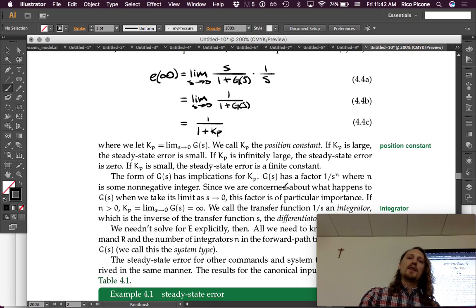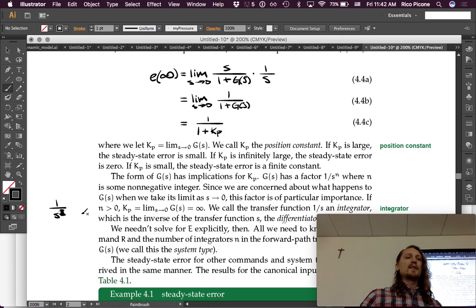Since we are concerned about what happens to g of s when we take its limit as s goes to 0, this factor is of particular importance. If n is greater than 0, then if you take the limit as s goes to 0 of g of s, you're going to have a factor of 1 over s to the 1, or 1 over s to the 2, or 1 over s to the 3, etc. in there.